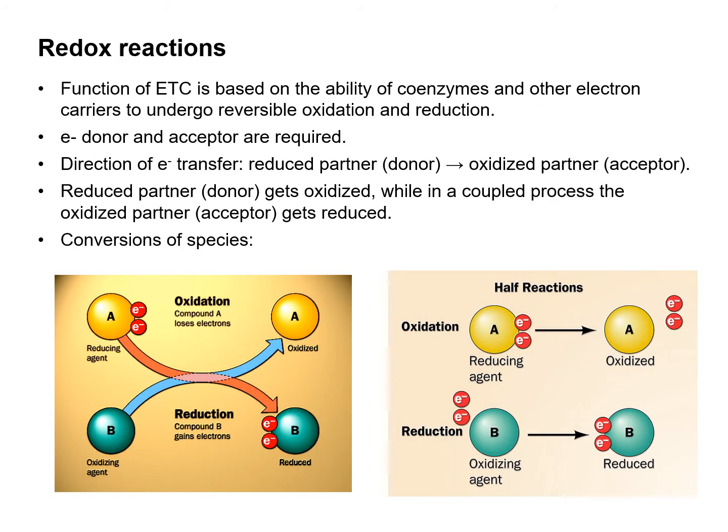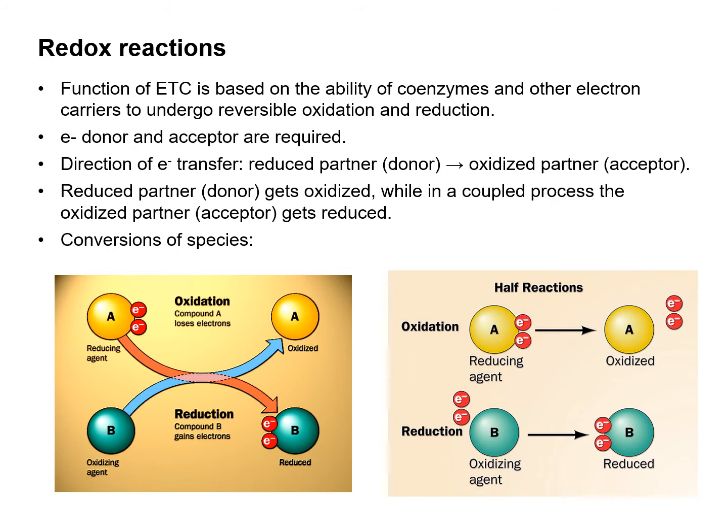The function of the electron transport chain in the mitochondria is based on the ability of coenzymes and other electron carriers to undergo reversible oxidation and reduction reactions, or redox reactions. For such redox reactions, electron donors and acceptors are required.